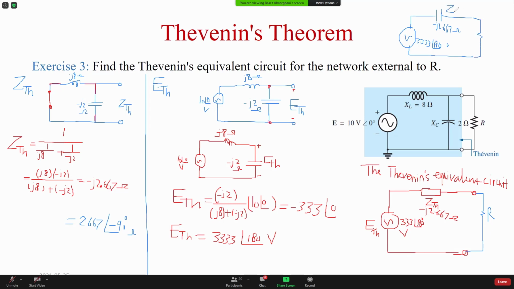This is Z Thevenin, and this is E Thevenin. You can do it this way as well, because minus J only means it is a capacitor like this capacitor. So the total equivalent impedance is actually a pure capacitor here. You do it this way or that way, both are fine.